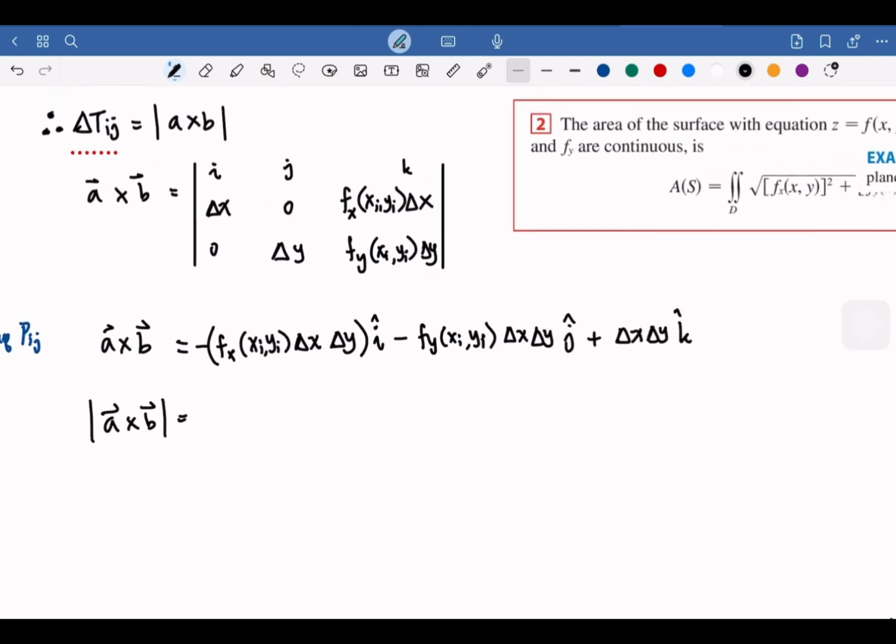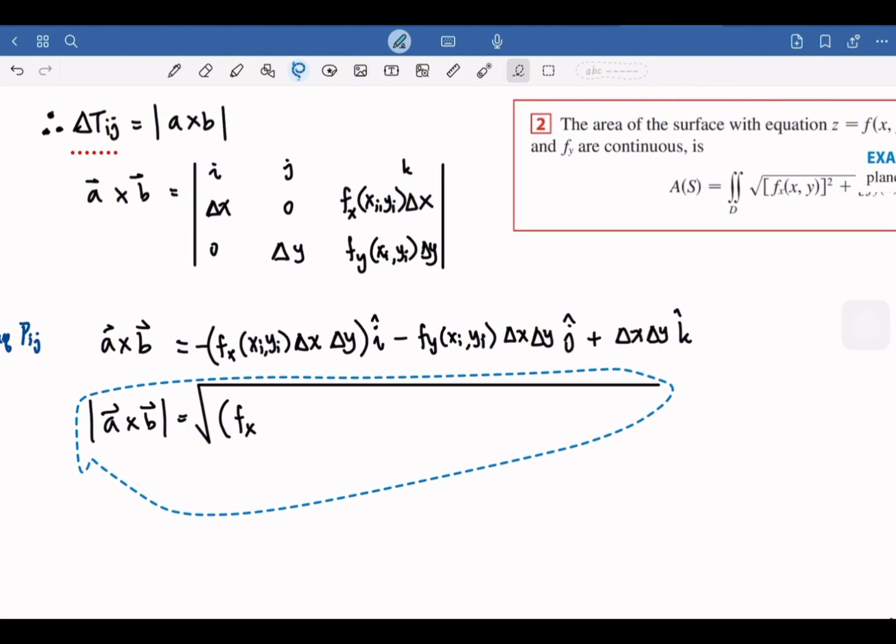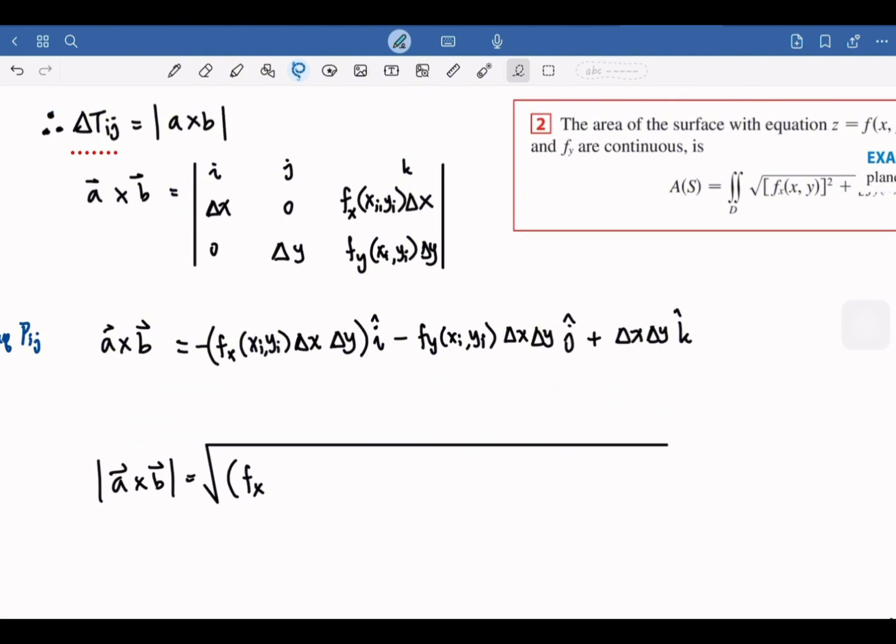Then we could take the square root of all of this, and then take the squares inside, or let me simplify, okay? Because all the terms have the delta x delta y, I will move delta x delta y outside, so I will factor out that scalar.